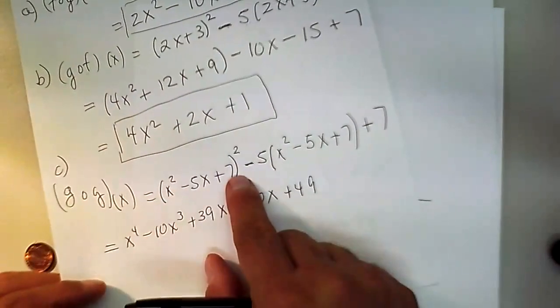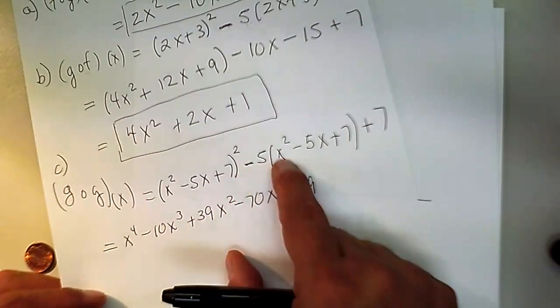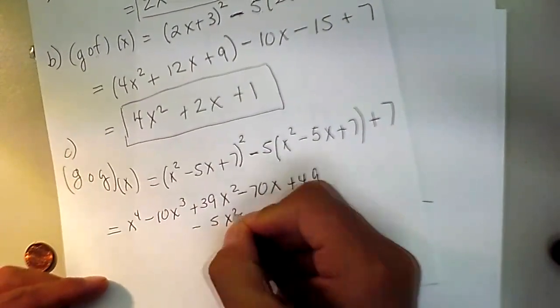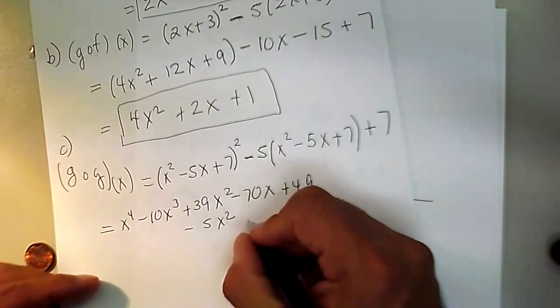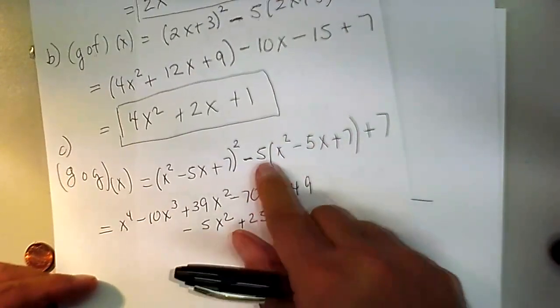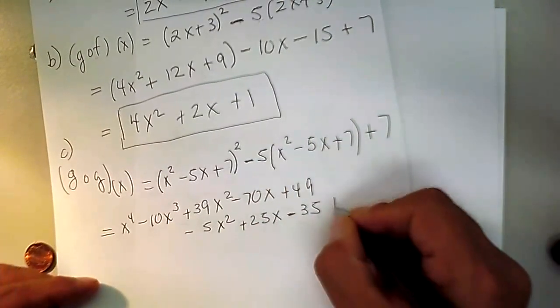That's just foiling this out. Then we're going to take away 5x squared, minus 5x squared, plus 25x, minus 35, and then we still keep the 7.